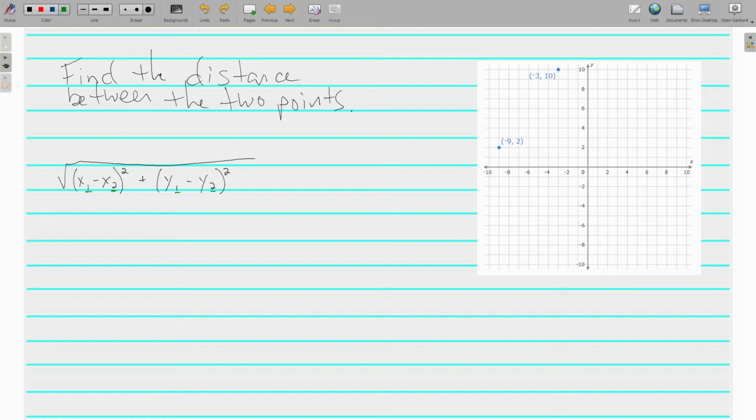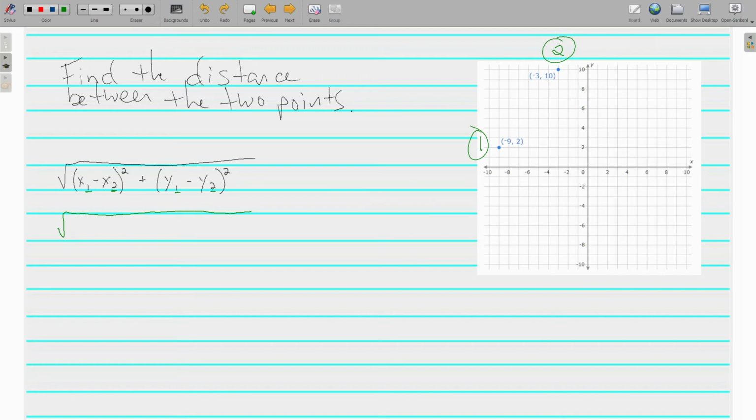I'm just going to call this one point 1 and point 2. It does not matter. We could have made (-3, 10) point 1 and the other one point 2. We would still come up with the same answer because no matter which way we go, they are the same distance apart.